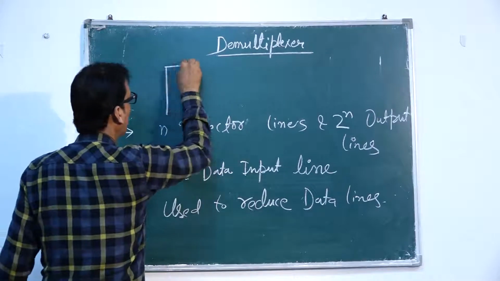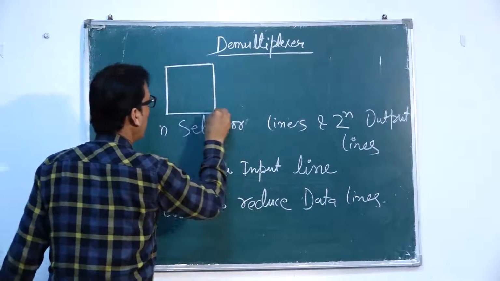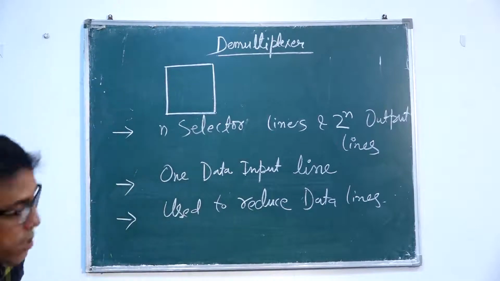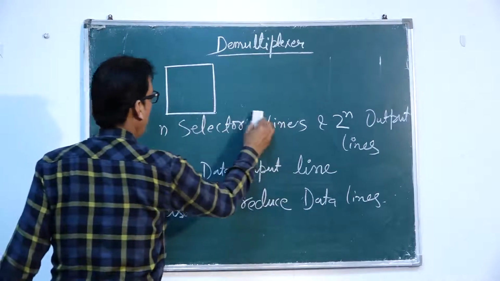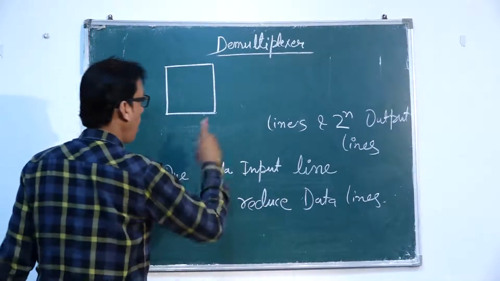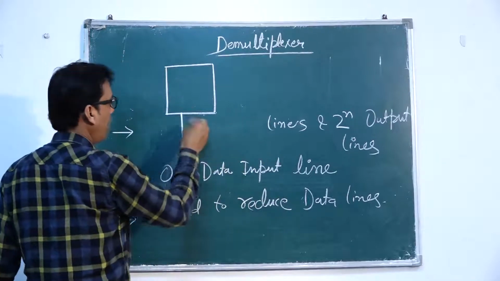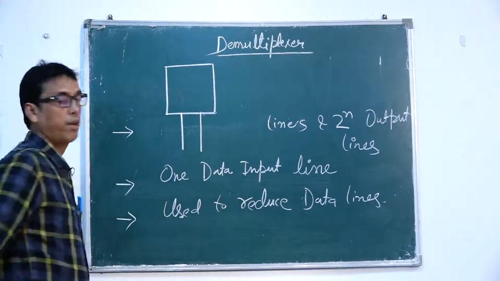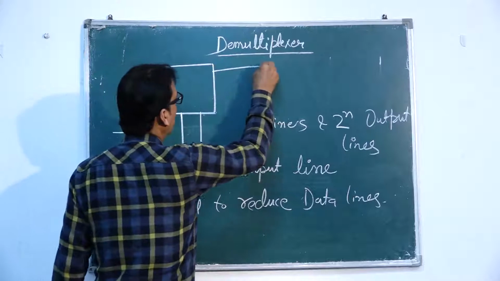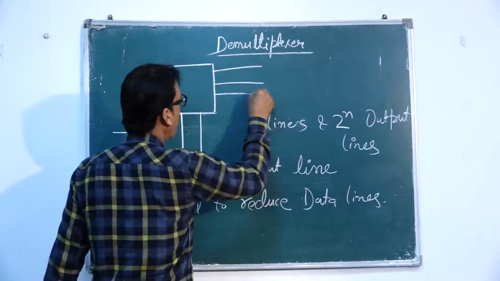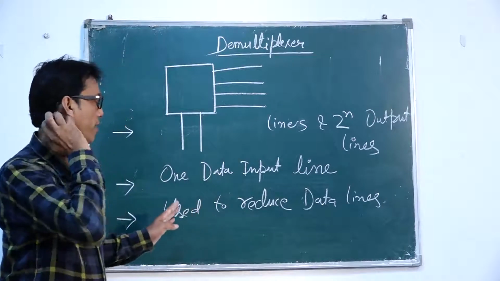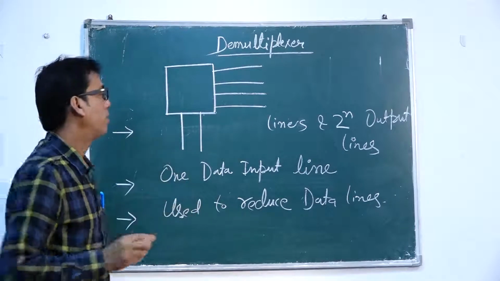See, it has n selector lines and 2 to the power n output lines. It means if it has 2 selector lines, then 2 to the power 2, that is 4 output lines, right?